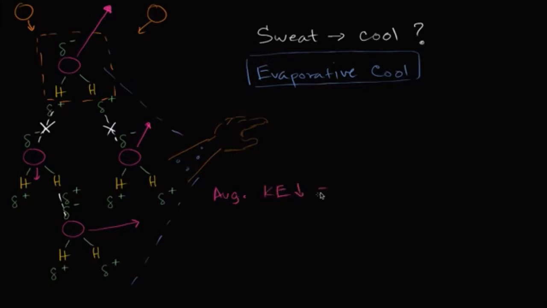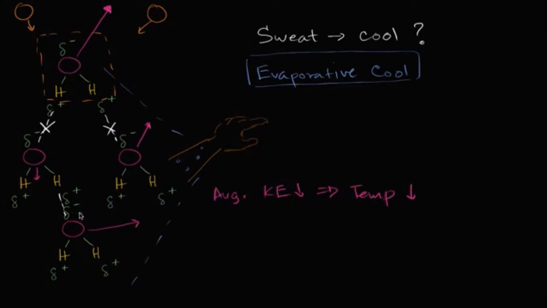Or another way of saying it is that your temperature is going to go down. As these molecules turn into water vapor, they're the ones with the highest kinetic energy. So energy is transferred to them and then they escape, and what's left over has a lower average kinetic energy.